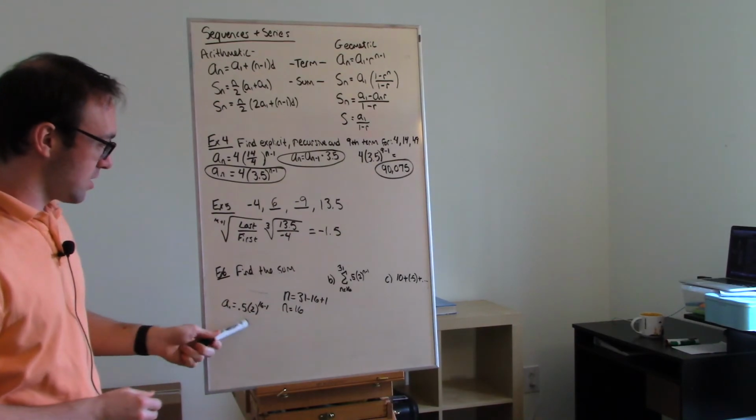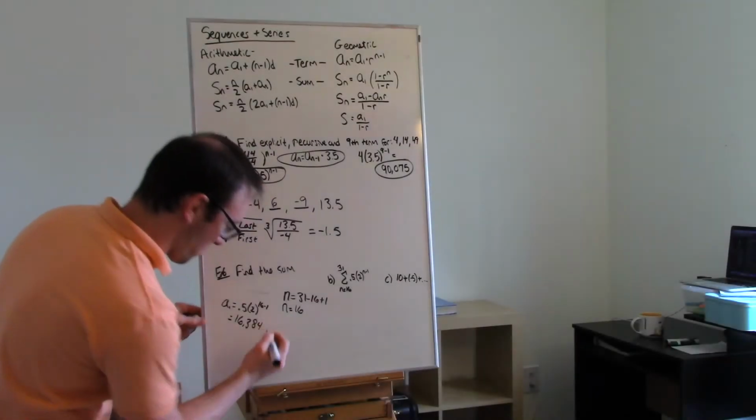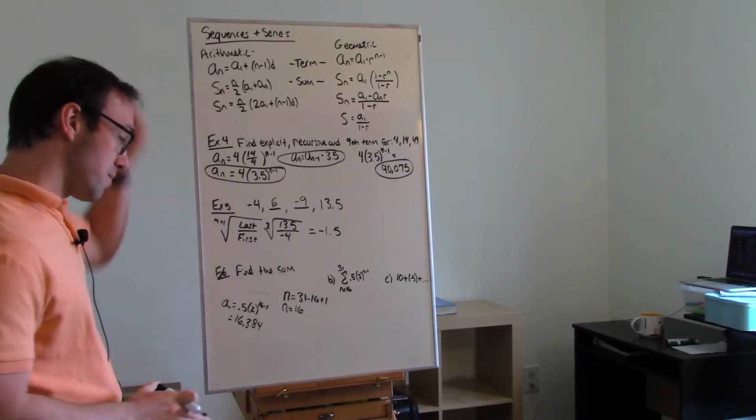To get the first term, plug in 16 to the exponent, so 0.5 times 2 to the 16 minus 1 power, which is 16,384.